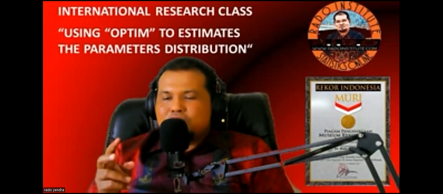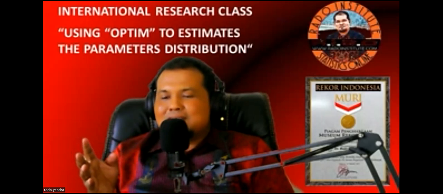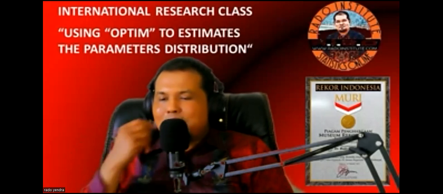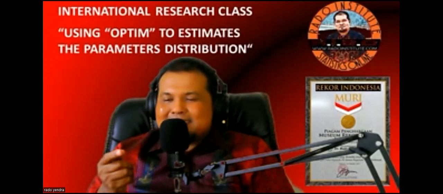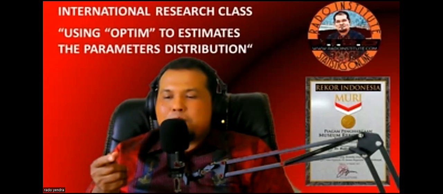We know that maximum likelihood will produce a nonlinear function. So if we want to solve the problem, of course, we must use numerical methods. One of the famous methods we can call the Newton-Raphson method. I think it's very difficult if we are using Newton-Raphson. But using Optim, the difficulties of the mathematics, we can cancel it.